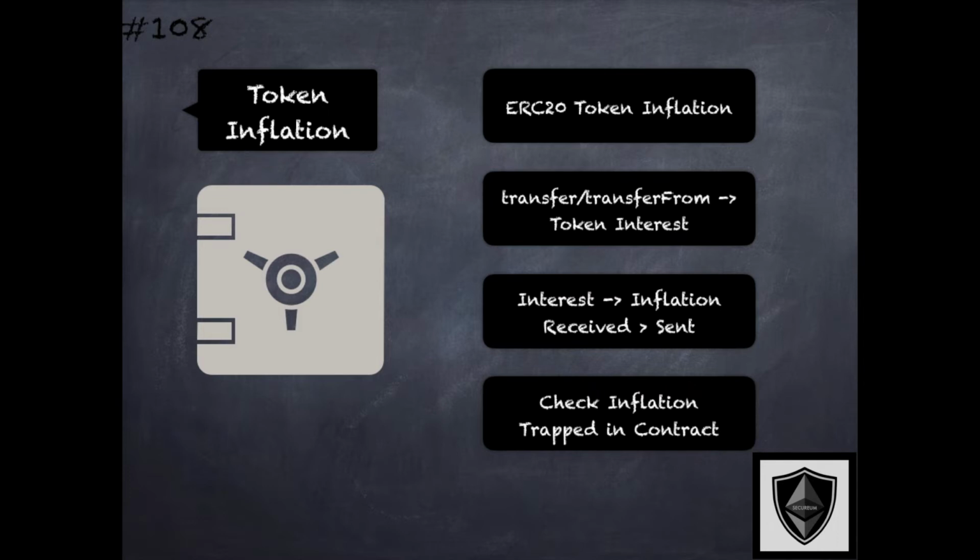ERC20 contracts in general should avoid this notion of interest that causes inflation, because their interacting contracts may make an assumption that no such thing is happening, and that could break a lot of the critical assumptions, leading to vulnerabilities. Or again, such smart contract applications could consider a guarded launch approach where the ERC20 tokens that they work with are known not to have this notion of interest and inflation.